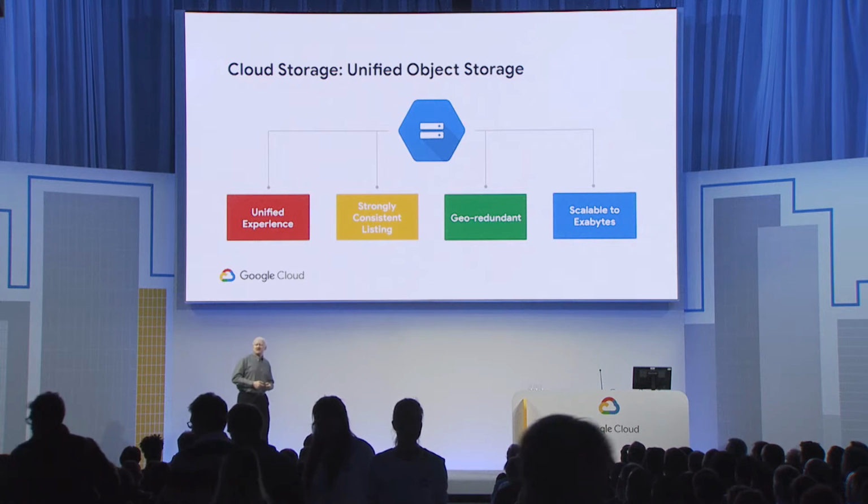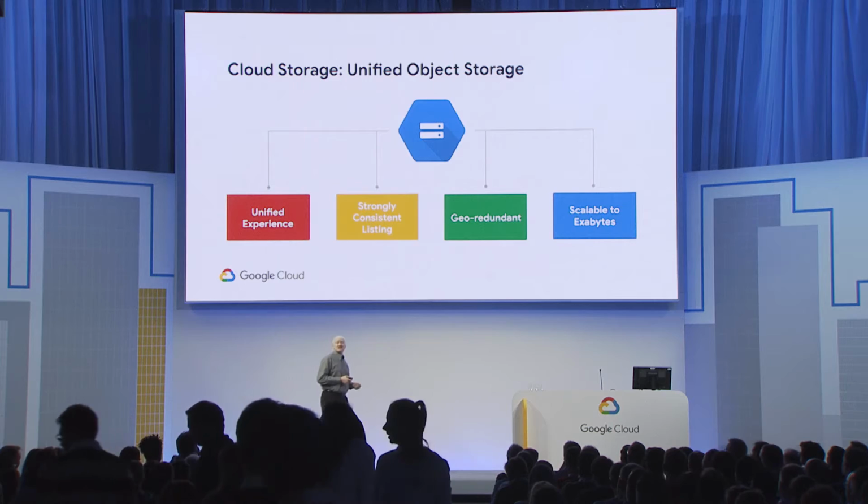One of the unique features of Google Cloud Storage is it provides consistent listing, meaning when you write a piece of data, that data is immediately accessible to you from your applications. This makes GCS particularly well-suited for Hadoop and analytics workloads. Analytics workloads that really require very fast access to data as it's writing.